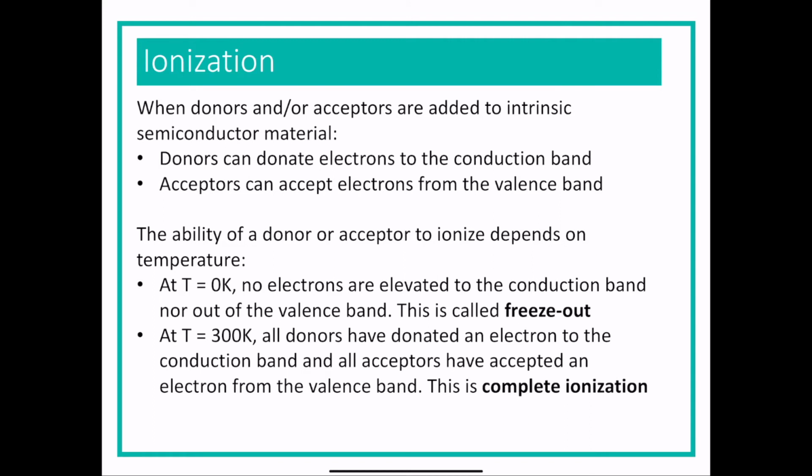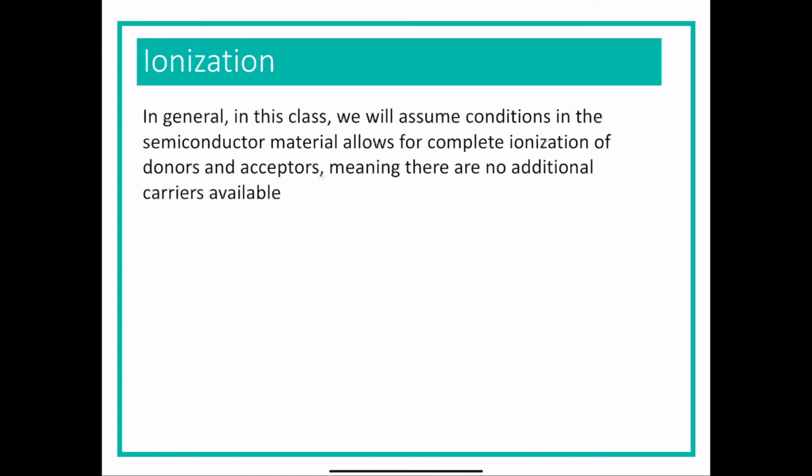In between there, there's something called partial ionization, between 0 and 300 K. However, in this class, we will pretty much always assume that everything has been ionized, because calculations can get really nasty when you start trying to figure out how much of the donors and acceptors that have been added is ionized and how much isn't.